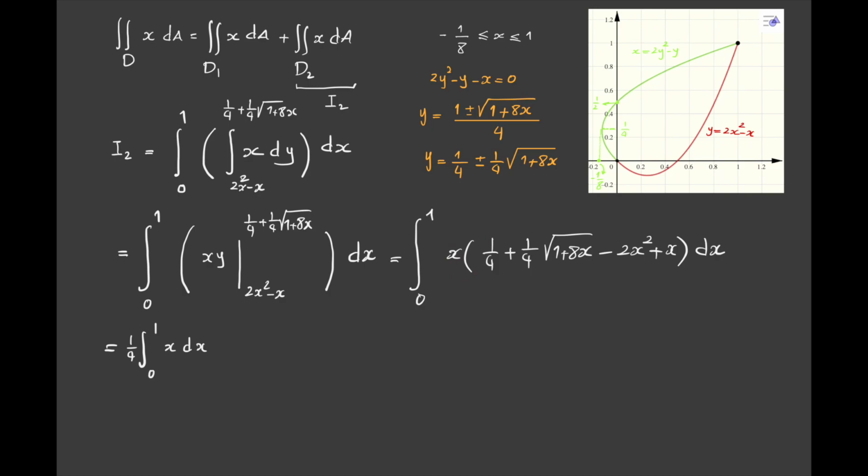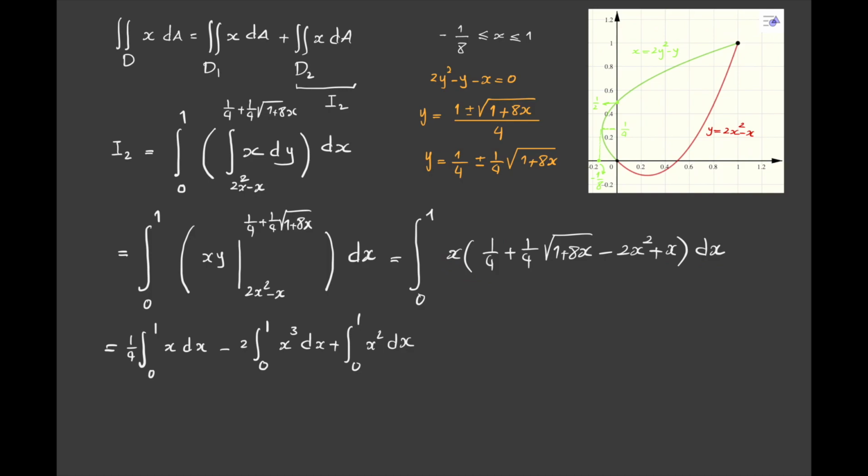And then let me write with these simple ones first. So I multiply this by x, and then I multiply this also by x, and I decompose my integral. So this becomes minus 2 integral from 0 to 1, and then I have x to the power of 3 dx. And then I have plus another integral from 0 to 1 x squared dx.